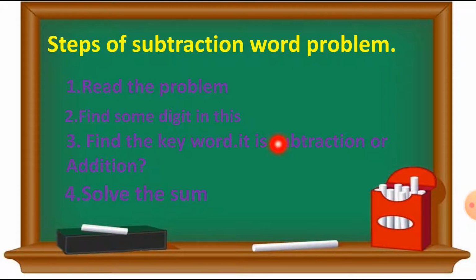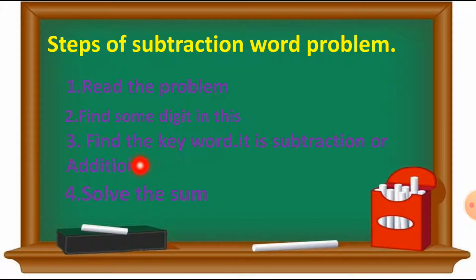So students, here I told you the steps to solve a word problem. Step number 1 is read the problem. Whenever you are going to solve a word problem or story sum, you have to read the problem first, and this is the first step. The second one: find some digits in this. You have to find some numbers from the problem that we are going to count to solve the sum.